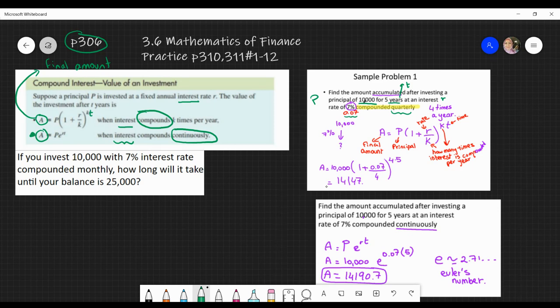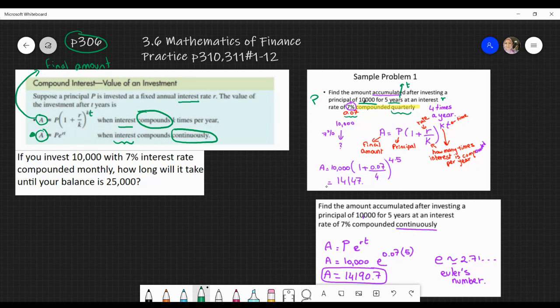So all I have to do is plug in each variable and each given for the variable. 10,000 for the principal, 1 plus the R, 0.07, divided by K, and to the power of kt, so 4 times 5 years.